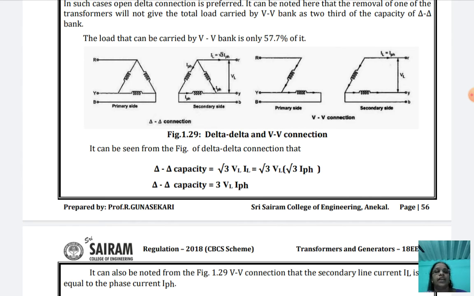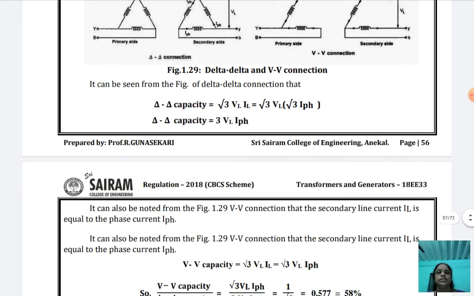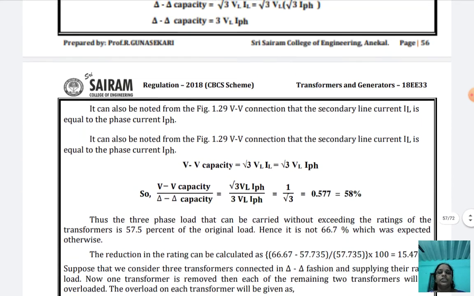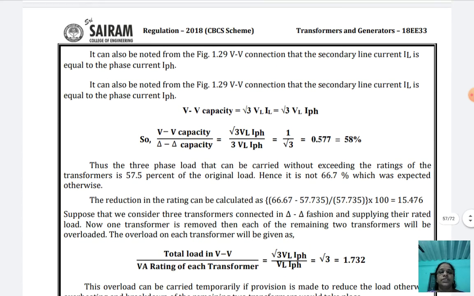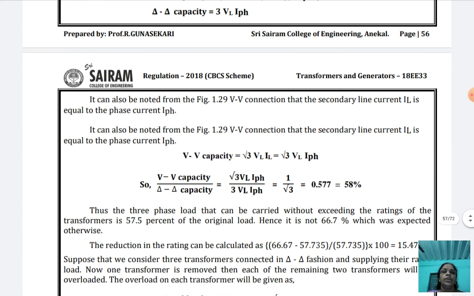In this case we calculate the capacity as 3 VL I phase only, because on the secondary side the line current equals the phase current. So the delta capacity is 3 VL I phase, and the VV capacity is root 3 VL IL, therefore root 3 VL I phase.